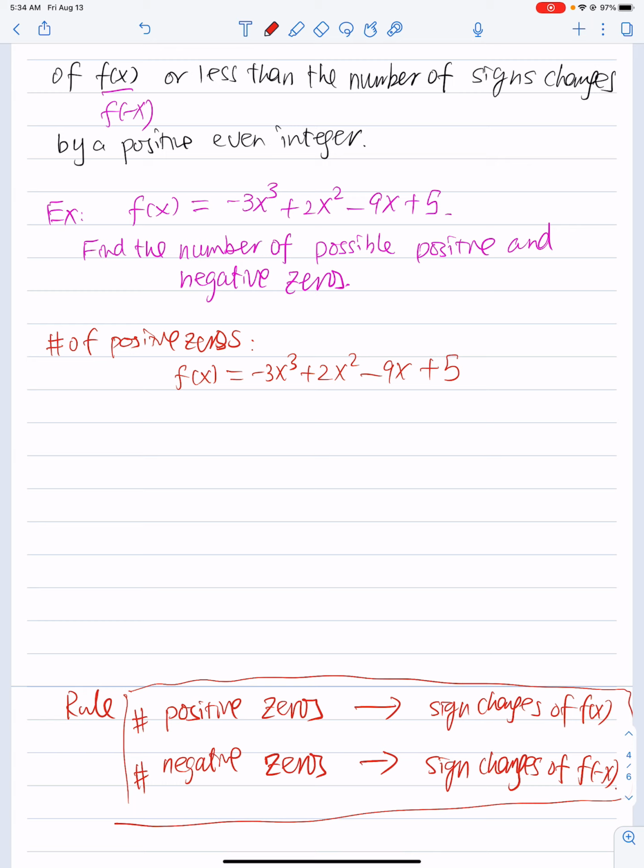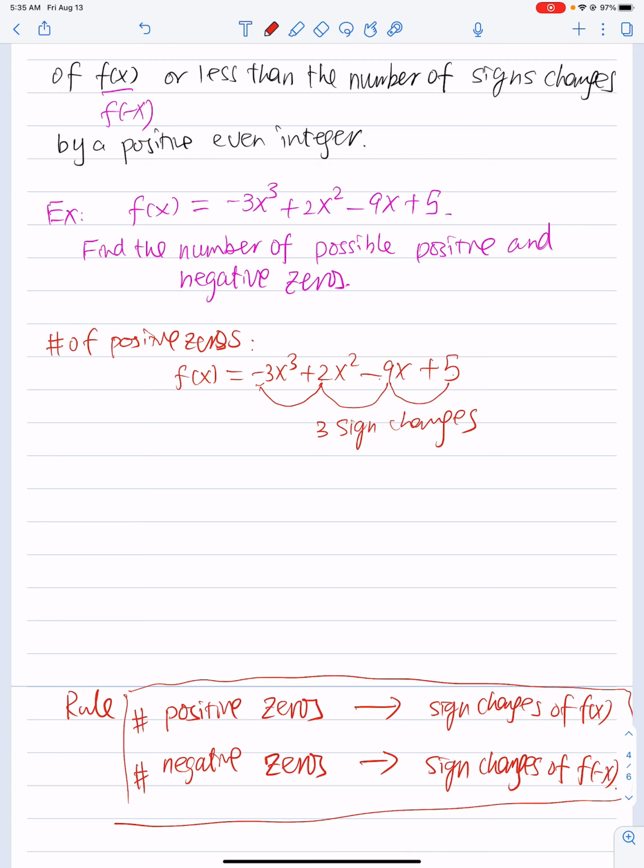How many sign changes? Here we only look at the leading coefficient. Here is negative, here is positive, one sign change. Positive to negative, another sign change. Negative to positive, another. So 3 sign changes.